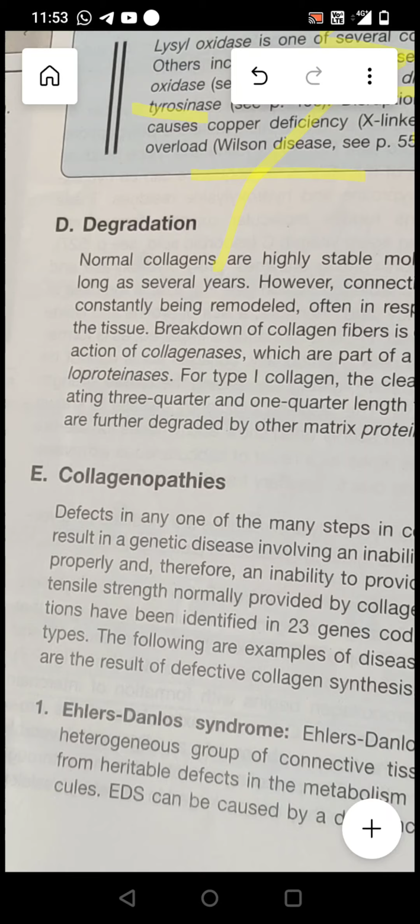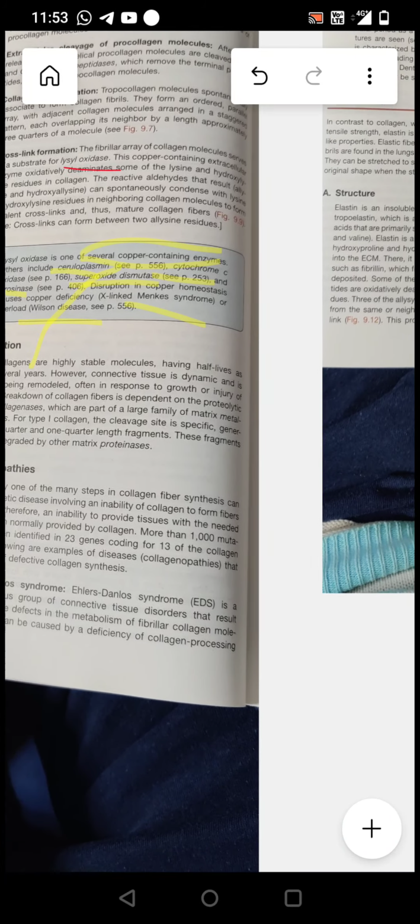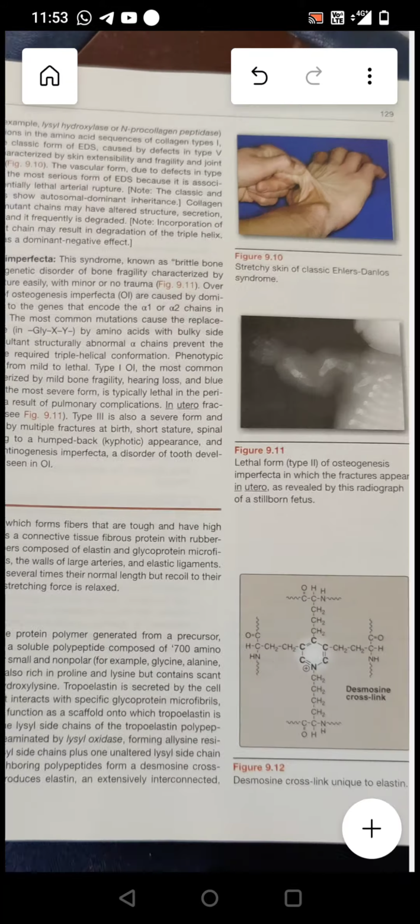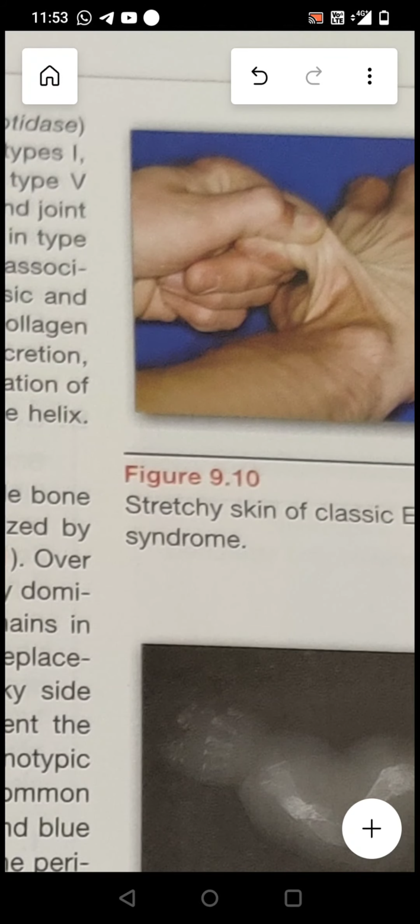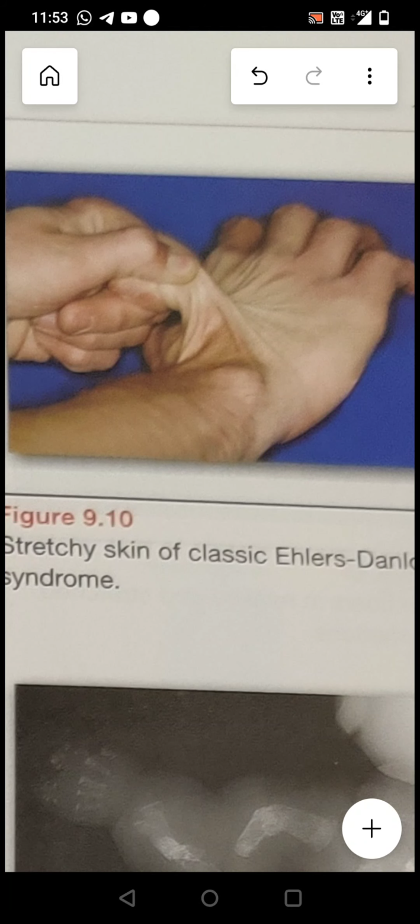If there are mutations in any of these enzymes, it will lead to defective type 1, type 3 and type 5 collagen. Type 1 is typically present in the skin. So deficiency of that leads to a very elastic skin.